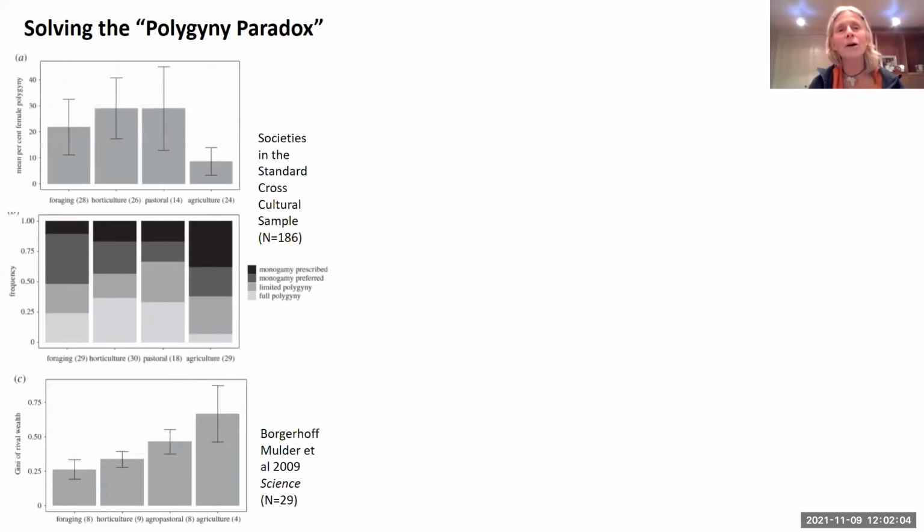And so one way we can think about the polygyny paradox is in terms of subsistence systems. Here I'm showing the same idea again, that foraging societies, horticultural societies, so those are societies that cultivate but without plows, and pastoralist populations have a much higher percent of female polygyny than agricultural societies.